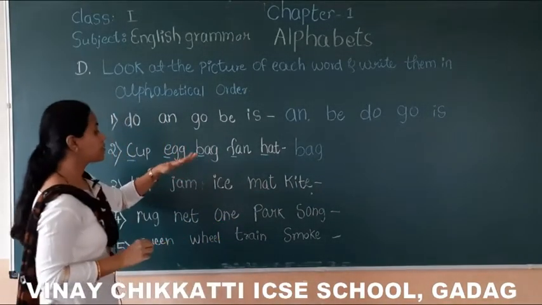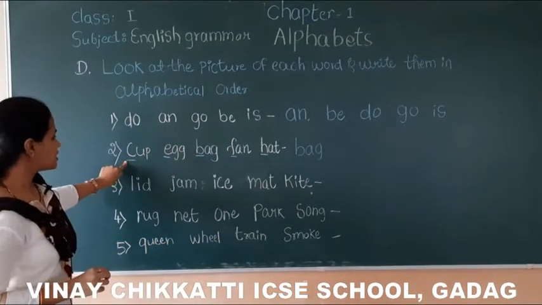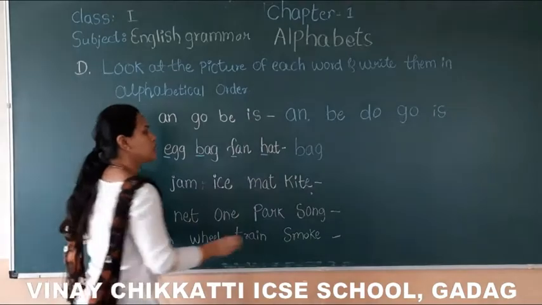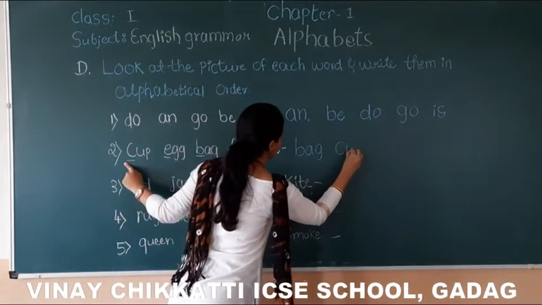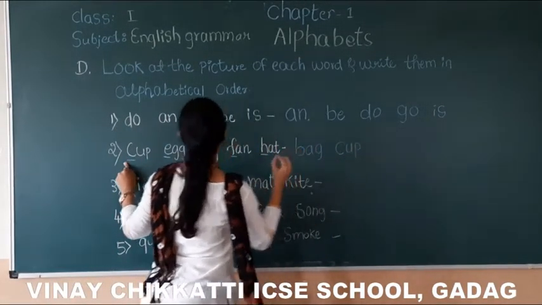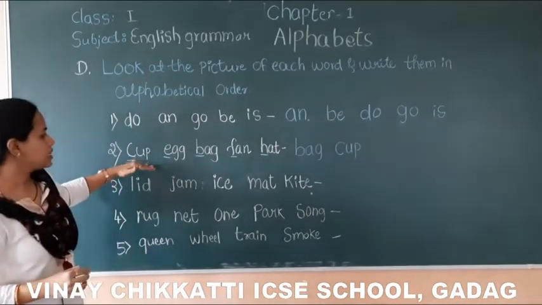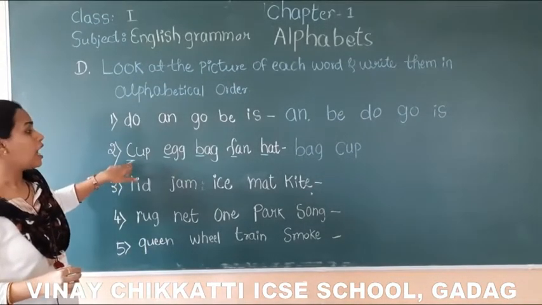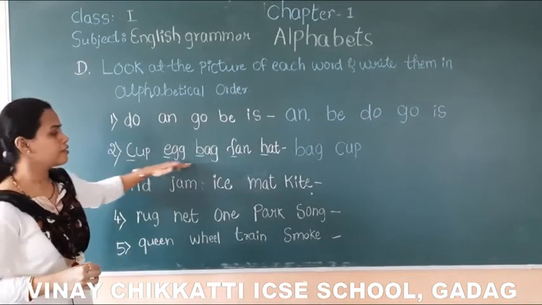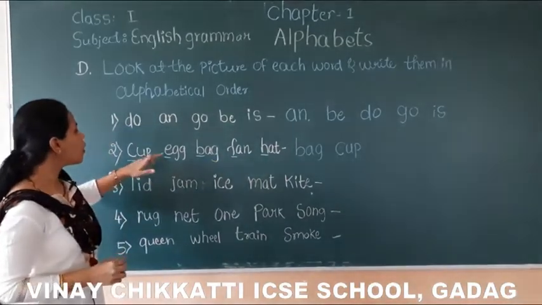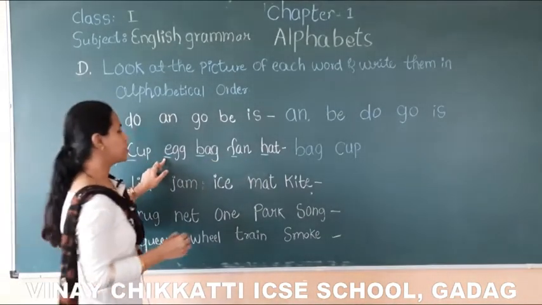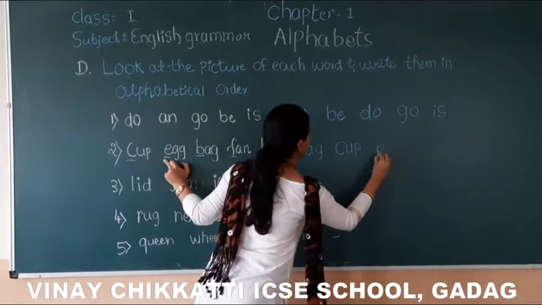After B, C. Yes, it's here. So C, U, P. Cup. Then after C, D. Can you see the D here? No. So E.